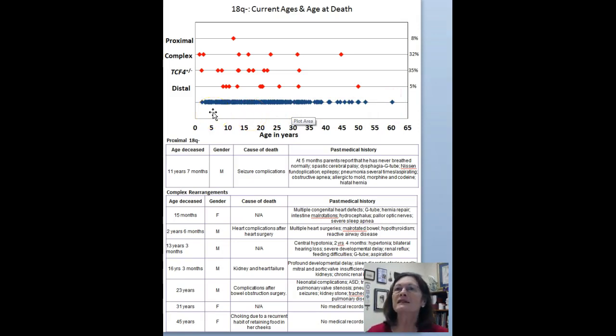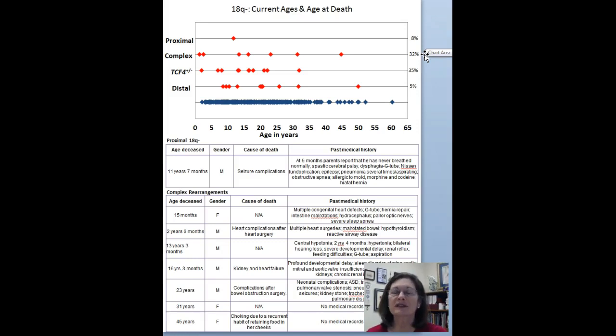So given that, this is the information we have about those who have died. Only one child has died with proximal 18Q-, and this shows their age. That is 8% of the whole population with proximal 18Q-. We separated out those people who have complex rearrangements, so those people who also have a duplication or deletion, but usually a duplication of another chromosome or another part of a chromosome.